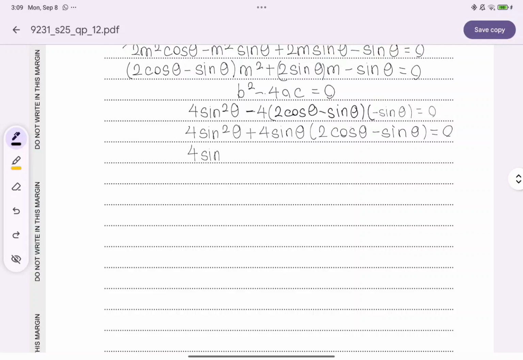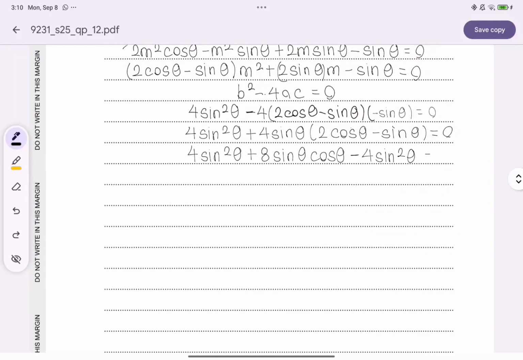Then 4 sine squared theta plus 8 sine theta cosine theta minus 4 sine squared theta equals to 0.